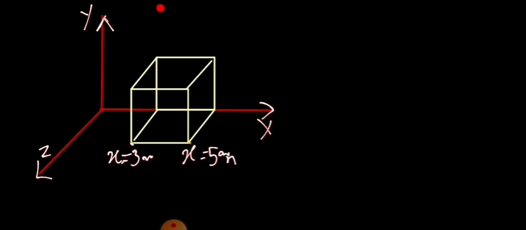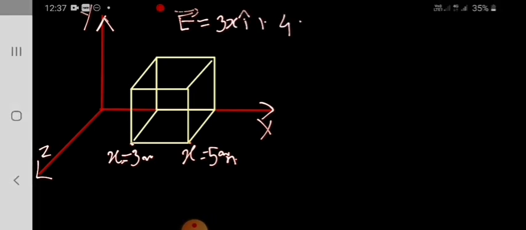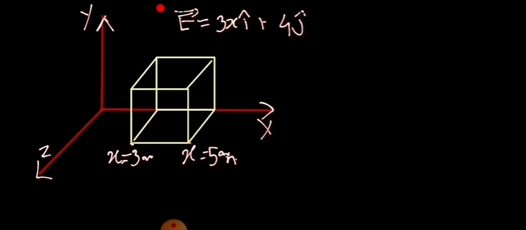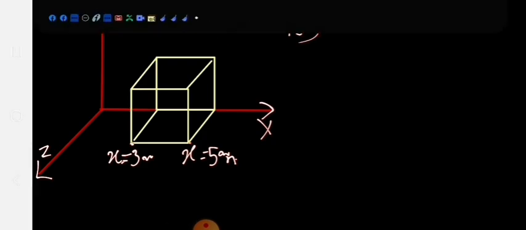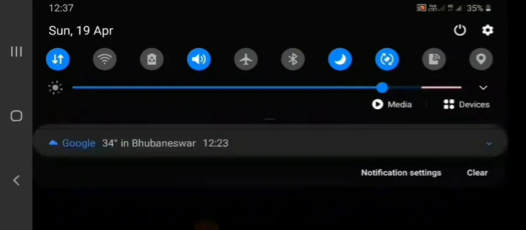Now the question asks us to find the net flux through the surface if the electric field in this region is given by E vector equals 3x i cap plus 4 j cap Newton per coulomb.